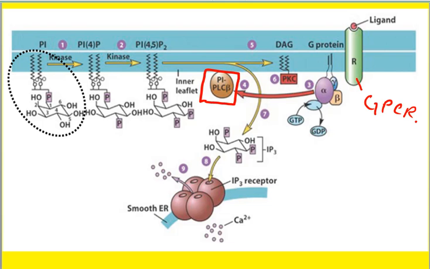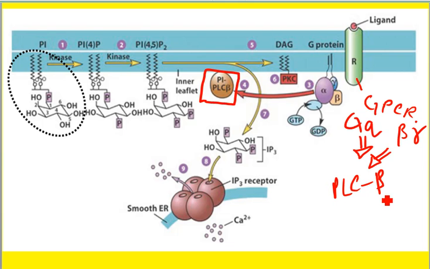So it was the Gq G protein and also the beta gamma subunits that are responsible for activating PLC beta, and we did talk about that in those initial videos, or maybe just a few videos ago.